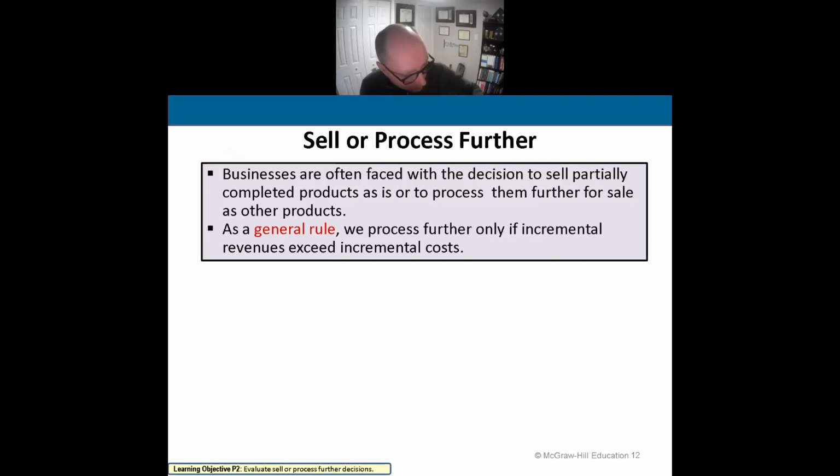I can sell the oil as it is out of the ground, or I can process it further to create new products. You would only process the oil further if the additional revenue that we would get from selling those new products exceeds the incremental cost.